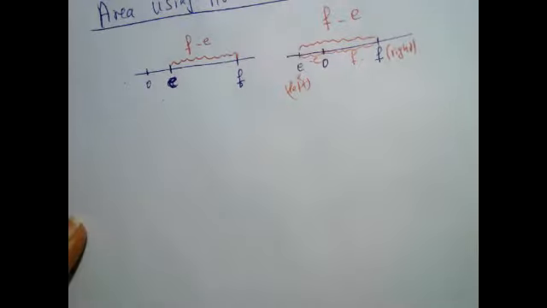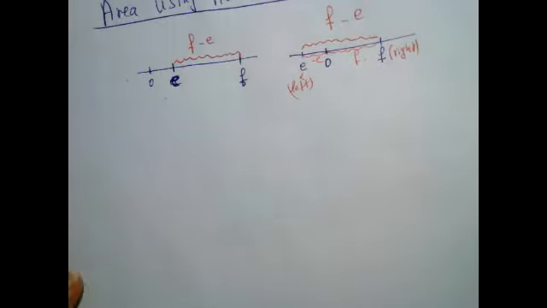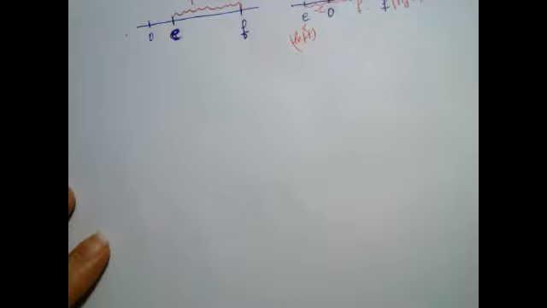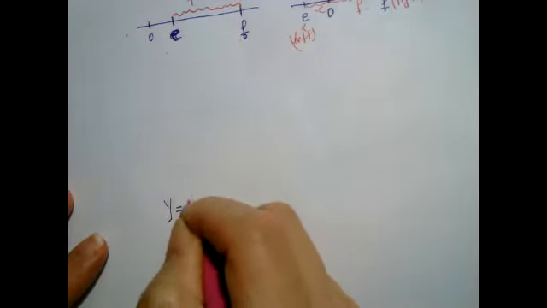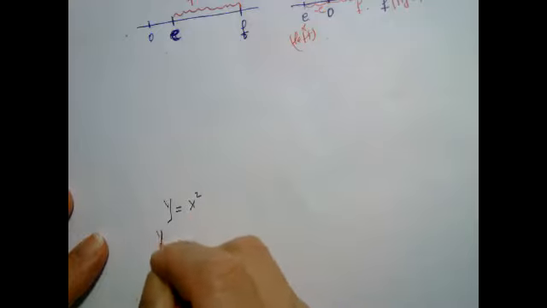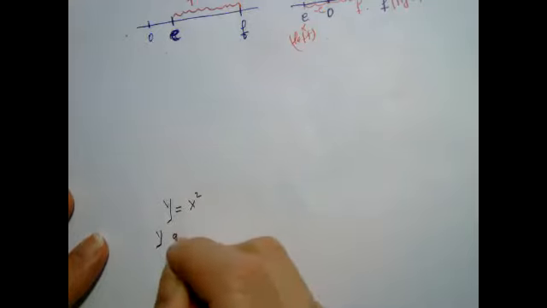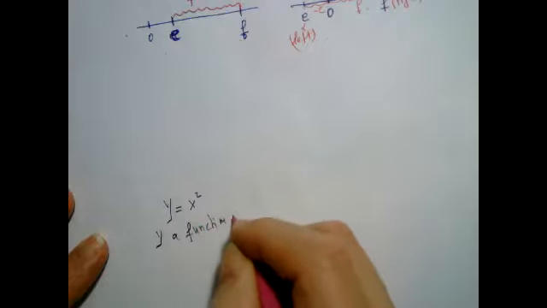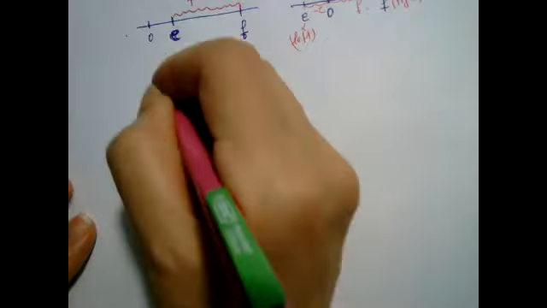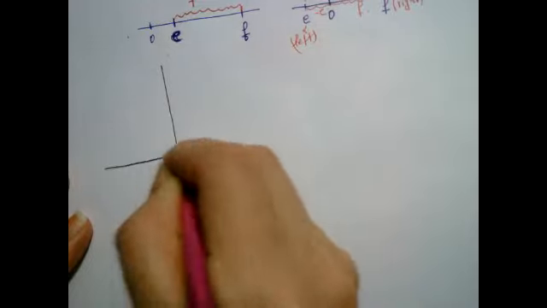All right, now, suppose I'm going to draw the following. Suppose I have the curve y equals x squared. Okay, so here y is a function of x. That's going to now become important. Y is a function of x. So this is my graph.